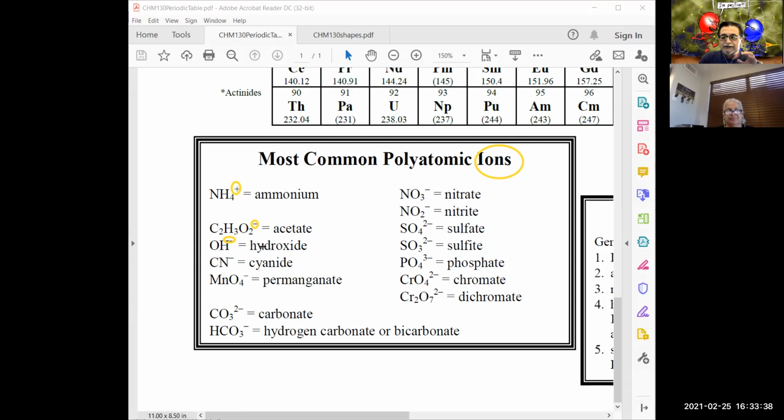So anyway, these are units that come together. They're ions and they have a charge. If we ever need to have more than one unit, this is where we use the parentheses. Remember way back when we were talking about using parentheses around these units. So we're going to look at the Lewis dot structure of these polyatomic units.